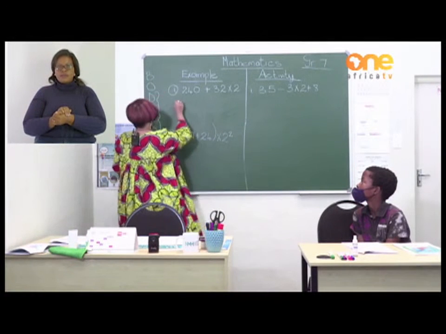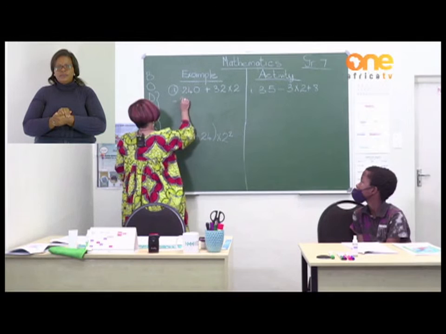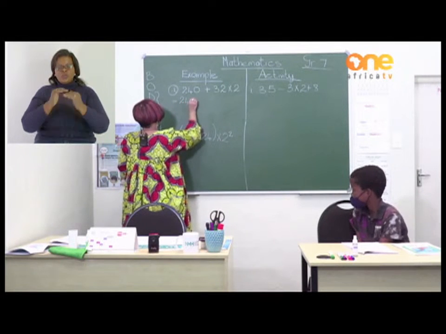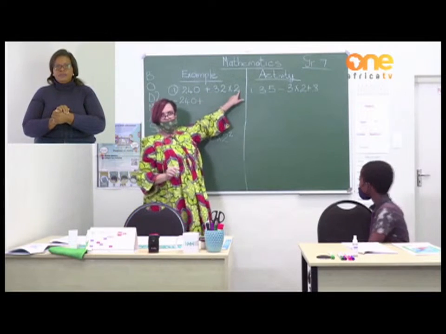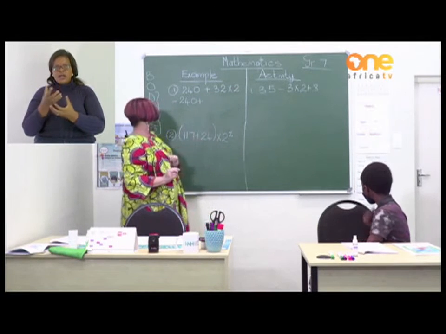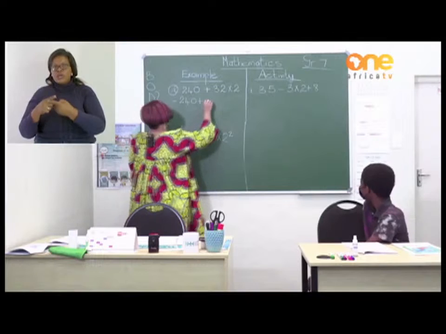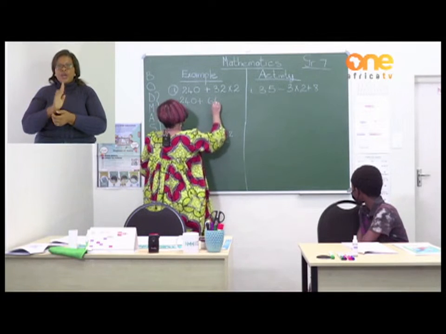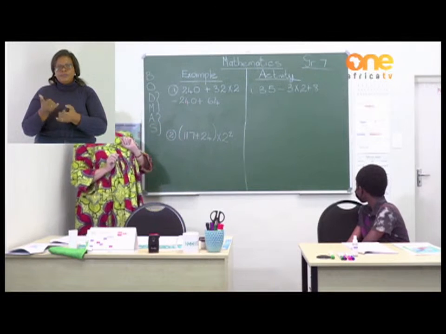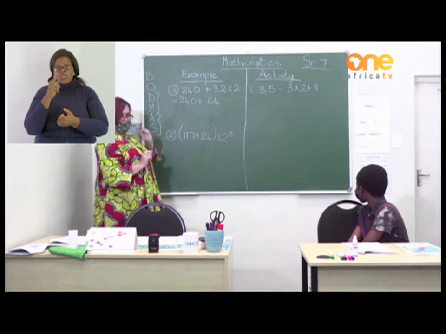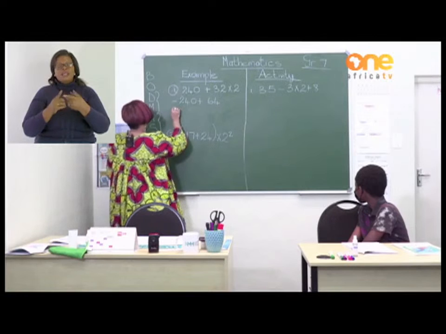You are correct. So let's bring down what we have there, plus I find the answer to my multiplication sum, and that is 64. Right, I only have one operation left, so I will do that operation.